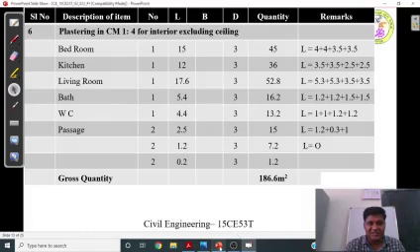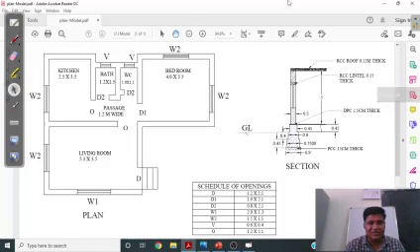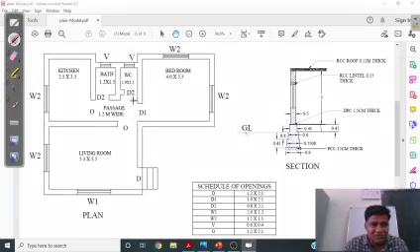So for the passage length, you need to calculate from here. It will come here, and here, and here. This is one rectangle, and there is one more rectangle here, 1, 2, 3, and 4. This is one rectangle and this is one rectangle, 1 and 2. This is 1.2 meters wide, as given here.